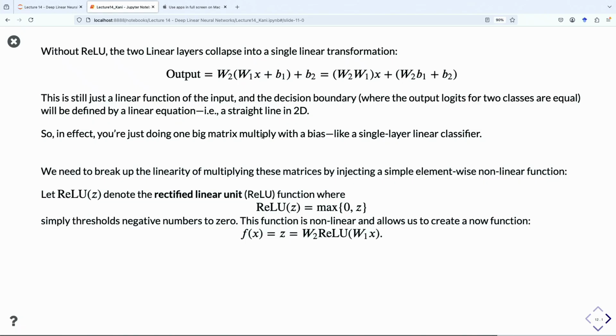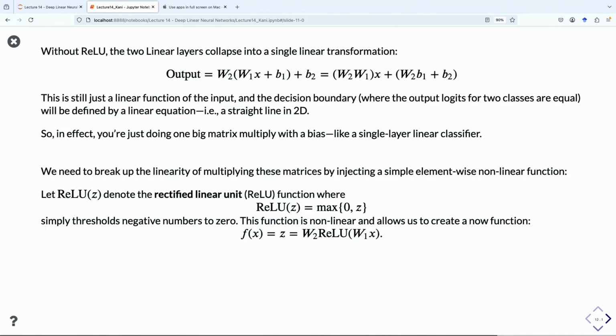What's special about having an activation function is that you break up the linearity of the model. So in the case of the rectified linear unit, remember, it was simply an activation function that, if it took in a positive value, just passed that positive value through. If it took in a negative value, it passed out a 0.